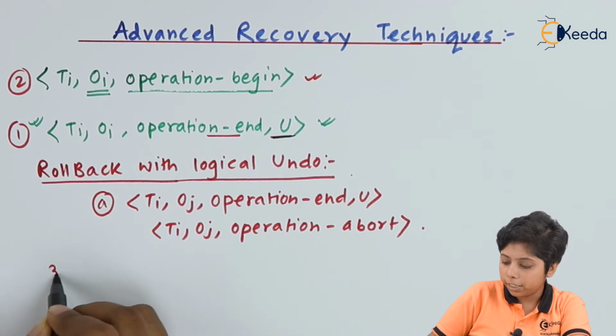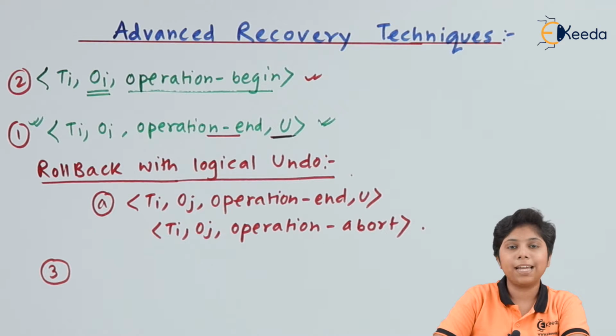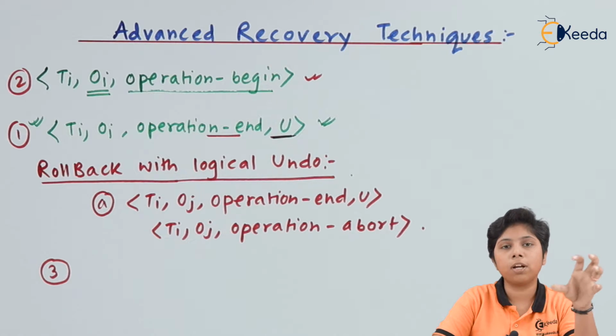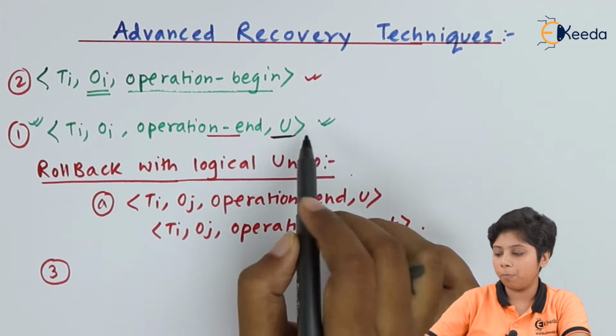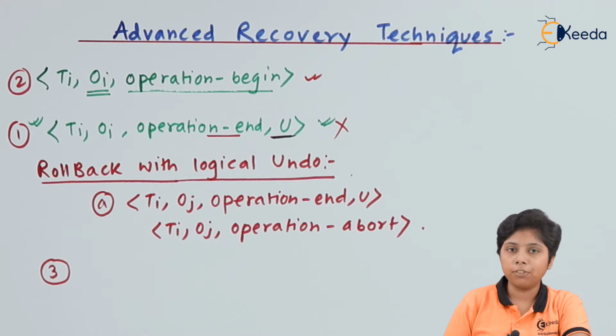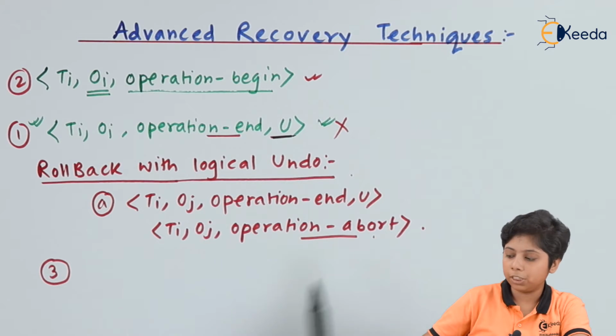Now my third point: suppose that we reach a transaction's operation begin, and after that we do not have this operation end U, and after that we finally have this operation abort.